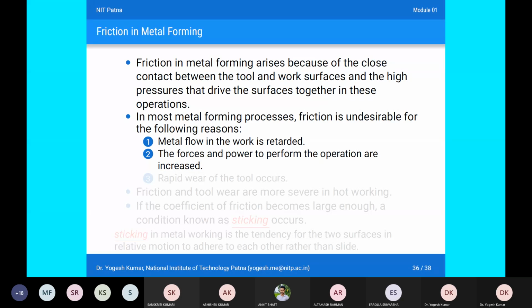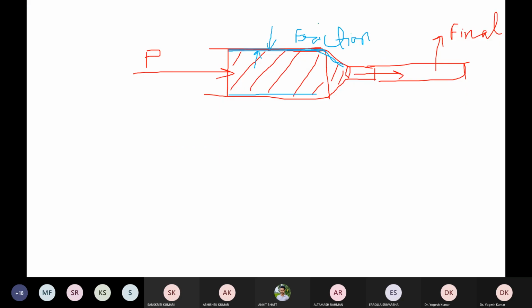Then one more issue is there. This frictional force is not only with your work part and your die surface, but it is also with your tool part.